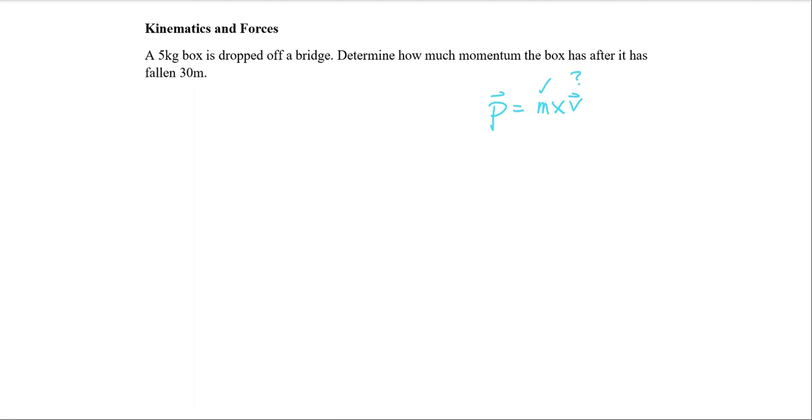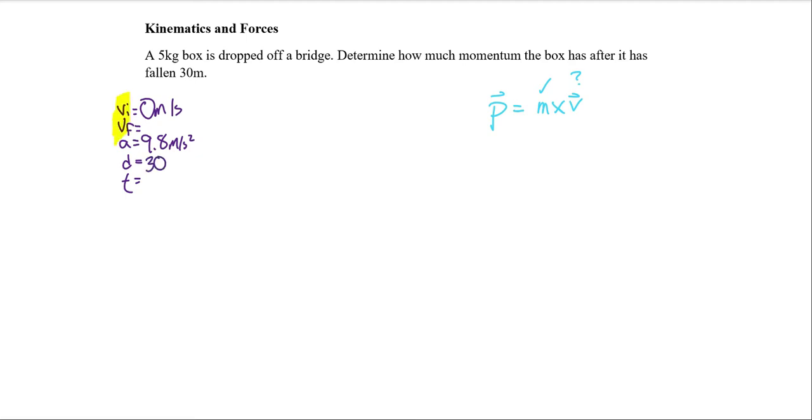So if I was thinking in terms of kinematics, I would say, well, let's write out my VI, VF, A, D, T. Since the box was dropped, the initial velocity is 0 meters per second. The acceleration is going to be 9.8 meters per second squared because it is falling. And the displacement, we were told, is 30.